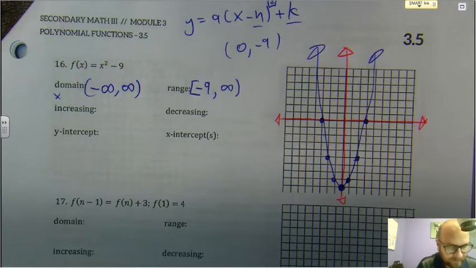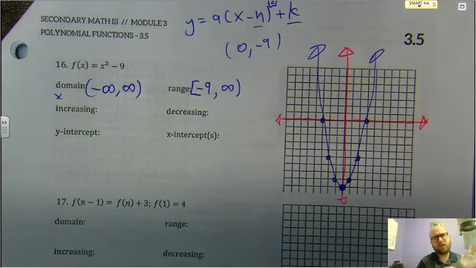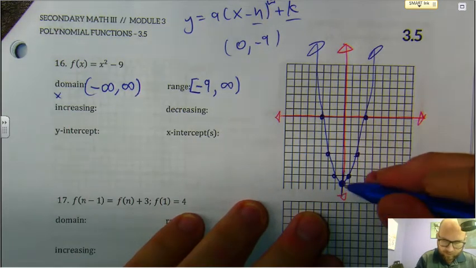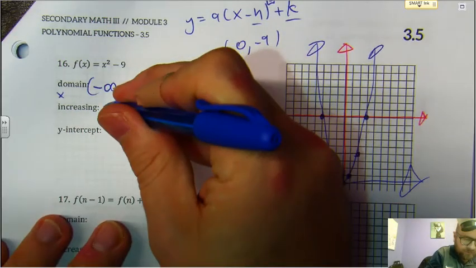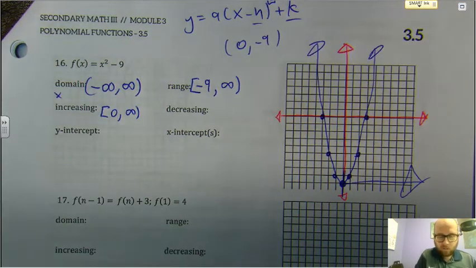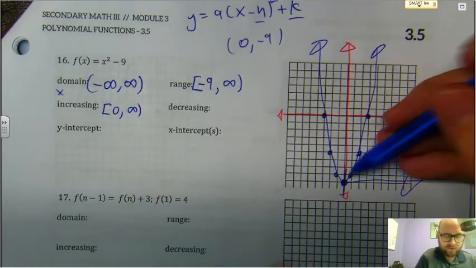All right. Where is it increasing? And when we're talking about increasing, we're talking about increasing on our y. Well, we see at 0 all the way up, it starts to go up. So it increases from 0 infinitely. But where is it decreasing? Well, as it comes in from -infinity, it's coming down, but then it stops decreasing at 0.